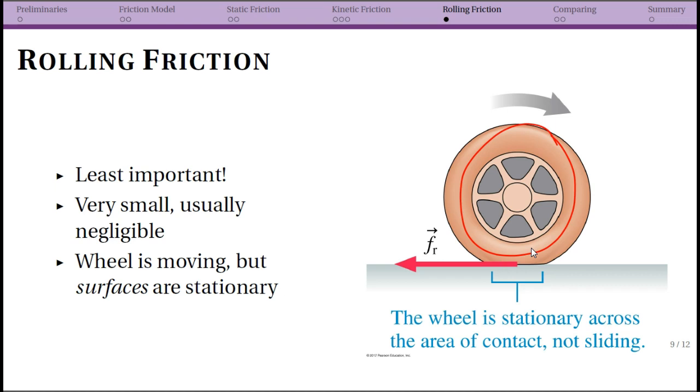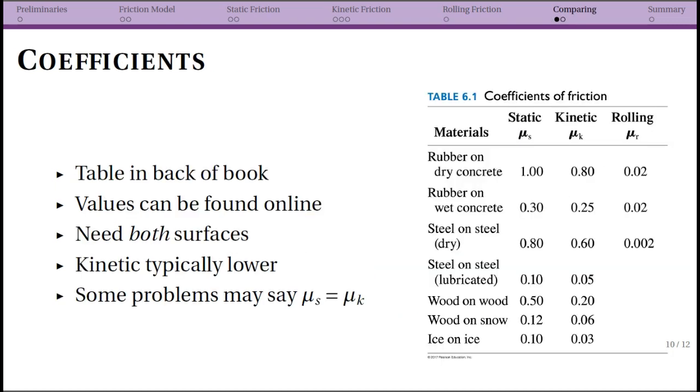Where this will matter is when we talk about propulsion in another series of videos that comes next. In this case, it's helpful to recognize that rolling friction is actually acting backwards. So rolling friction acts backwards compared to how the wheel is turning. And again, you can just think about this as the surfaces are momentarily stationary even though the wheel is turning.